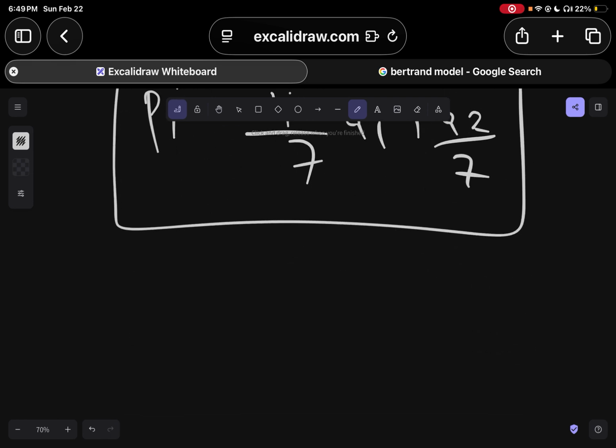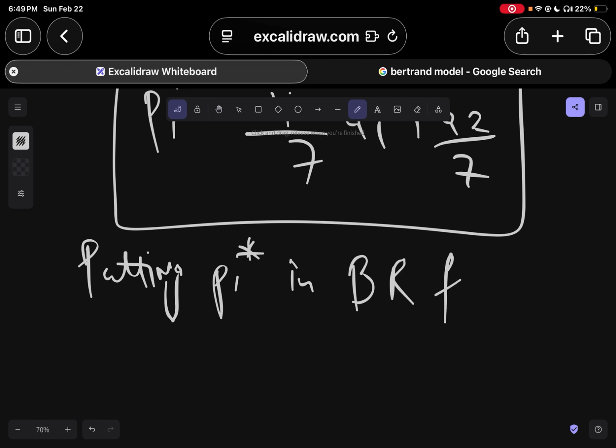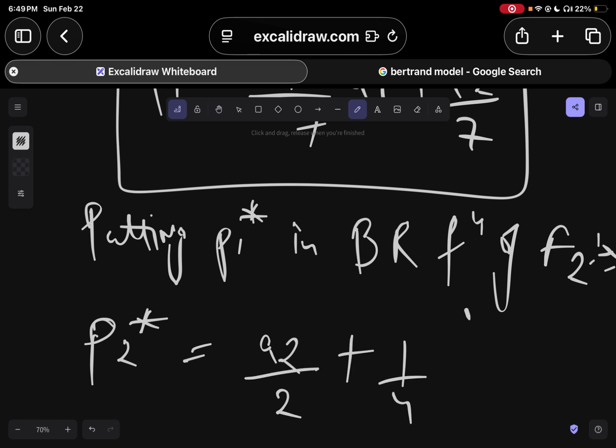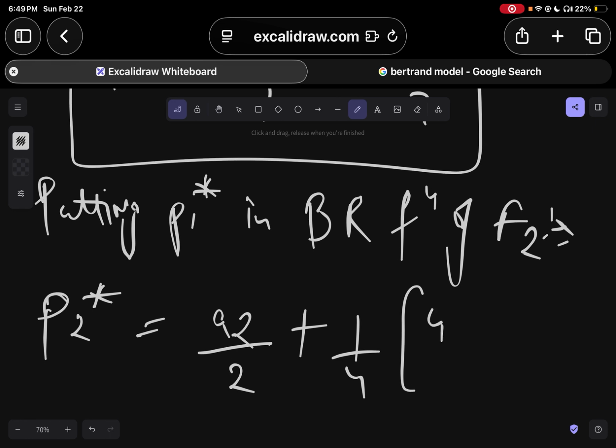Now, putting P1 star in the best response function of firm 2, we will get P2 star, just getting it from the earlier equation with a slight modification: A2 upon 2 plus 1 by 4 times 4 by 7 A1 plus A2 upon 7.